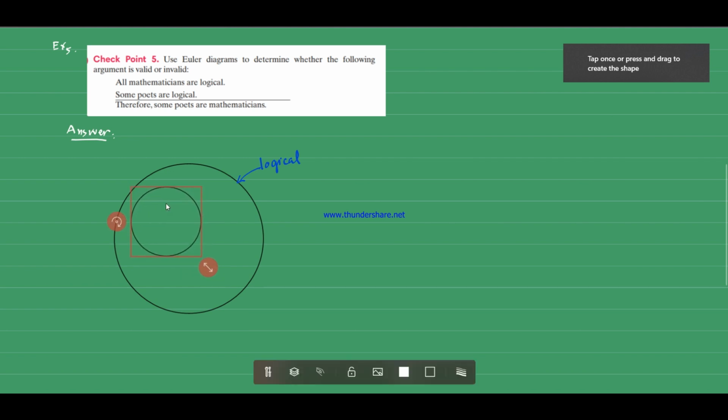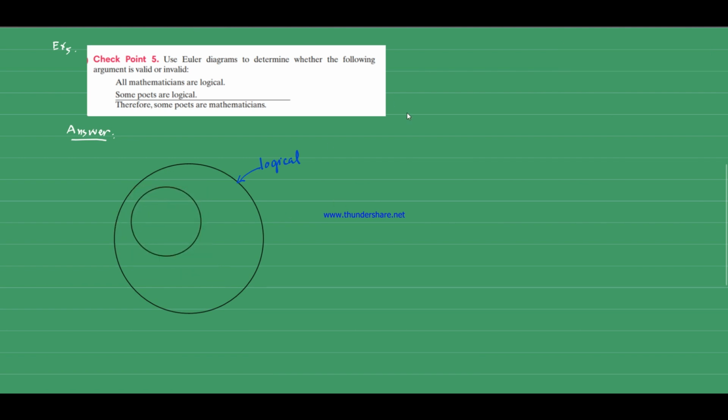The mathematician set must be inside because they say all of them. So this is mathematician, all mathematician.